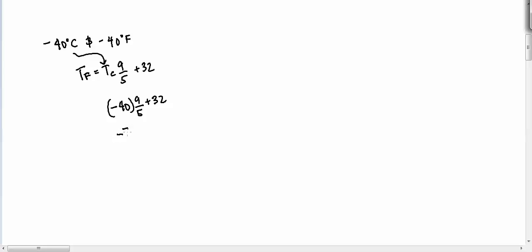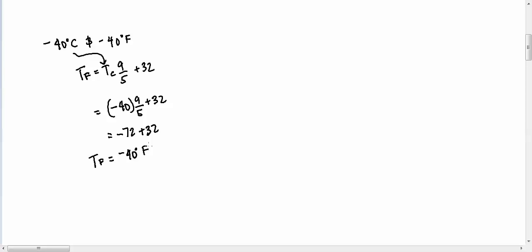That's negative 72 plus 32. And this is TF. Plus 32 equals negative 40. Interesting. Degrees Fahrenheit. Awesome.